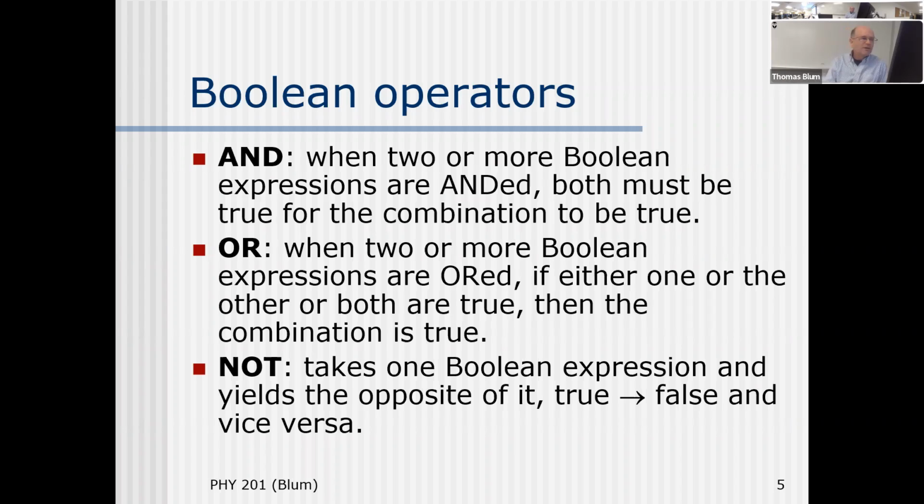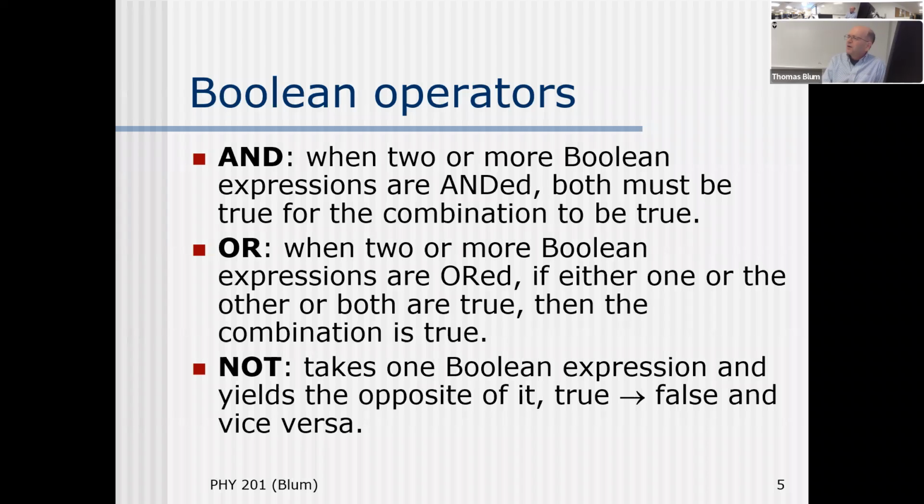Okay. In regular algebra, we have operators like addition and multiplication, and we will have Boolean operators. Our standard 3 are going to be and, or, and not. Let's say we have 2 inputs. If they are both true, we get a true out of an and, otherwise we get false.